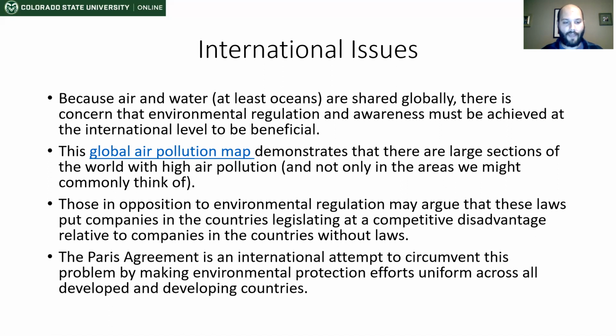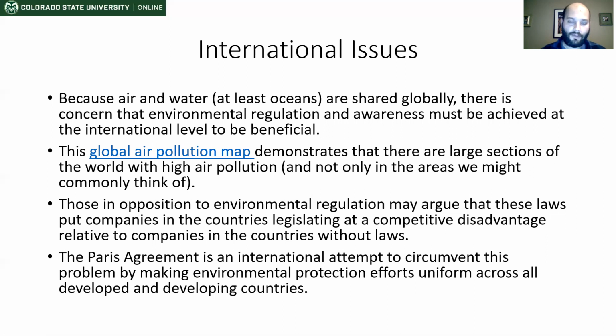So in response to that, the Paris Agreement is an international attempt to circumvent this problem by making environmental protection efforts uniform across developed and developing countries. And so again, the idea is that if all countries have to adhere to the same or similar standards, then you won't have this reallocation or shuffling of business. There won't be any incentive for businesses to simply just move their production to countries where they can pollute.